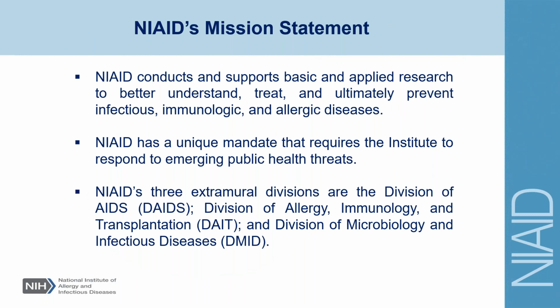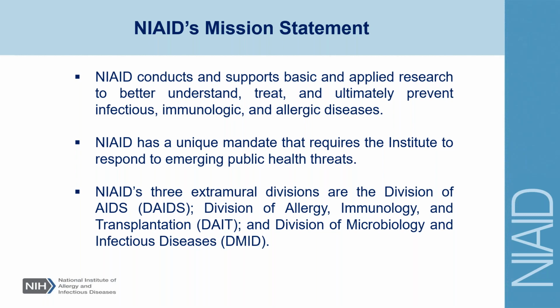For NIAID's mission, NIAID conducts and supports basic and applied research to better understand, treat, and ultimately prevent infectious, immunologic, and allergic diseases. NIAID does have a unique mandate that requires the Institute to respond to emerging public health threats, including the COVID-19 pandemic. And there are 3 scientific divisions in NIAID tasked with managing all the extramural research awards.